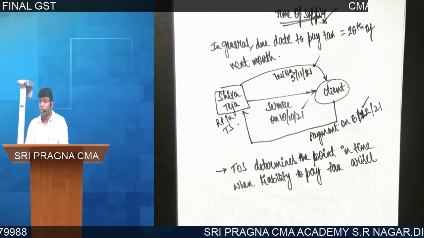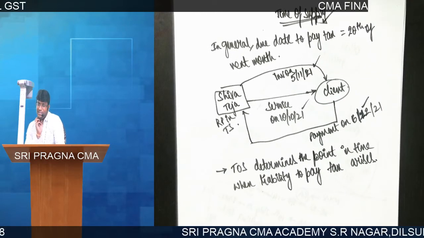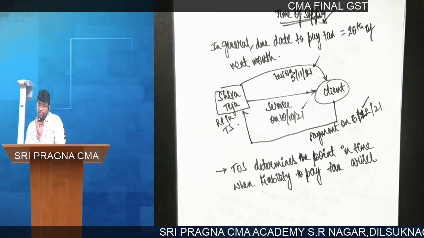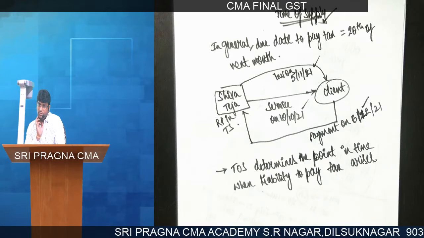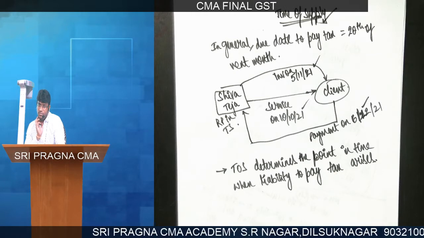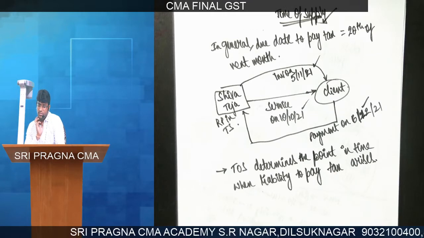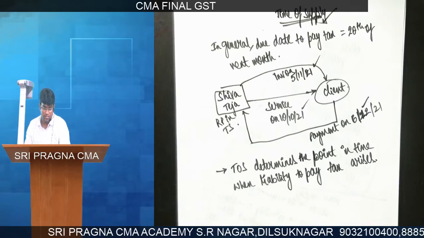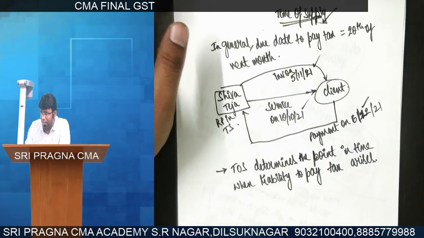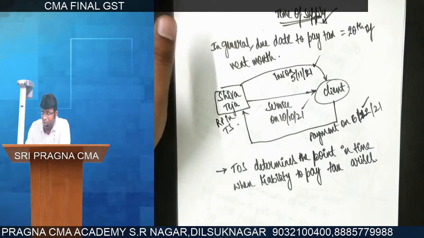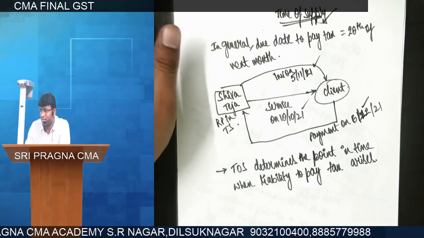Tell me, guys, according to you, what do you think is the answer? I already told it can be 20th November or 20th December or 20th January. What is your answer?